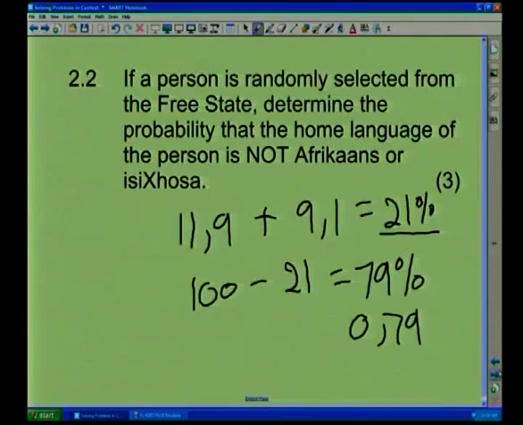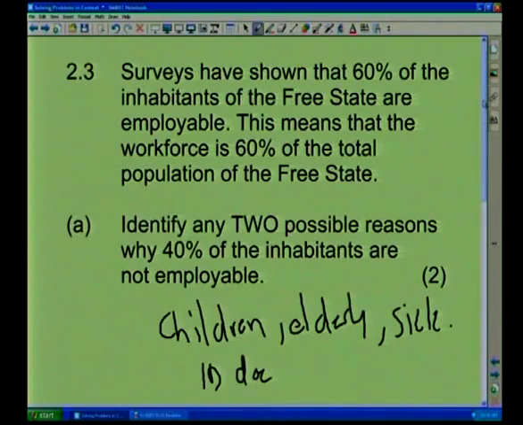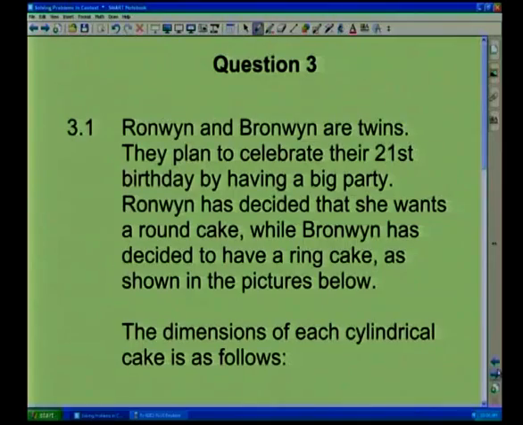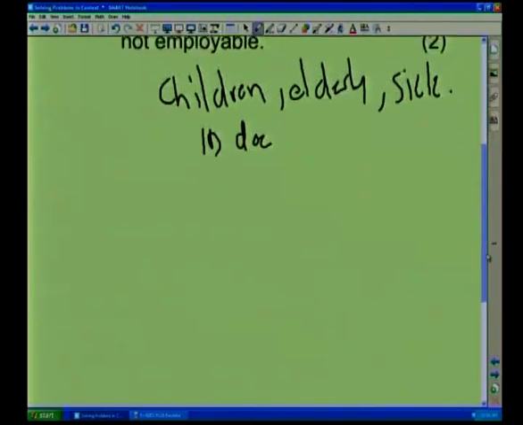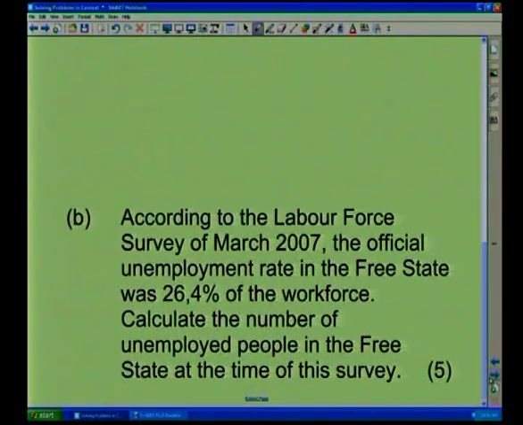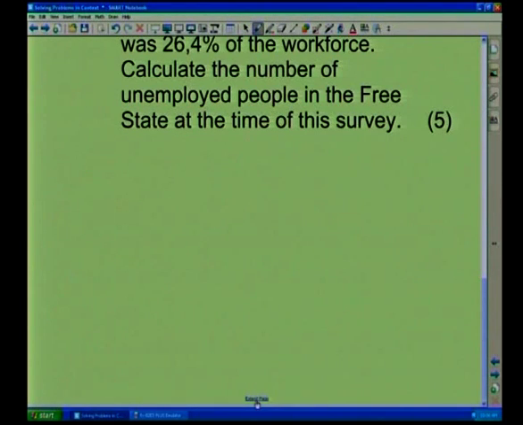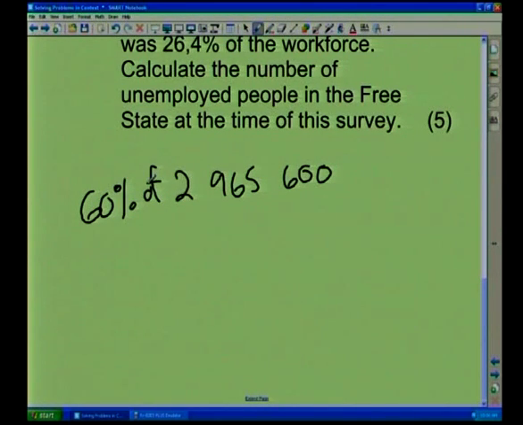2,965,600. Going back down, I'm going to put that figure into my question over here. So that's the population that lives in the Free State. We need to find 60% of that because 60% make up the workforce.